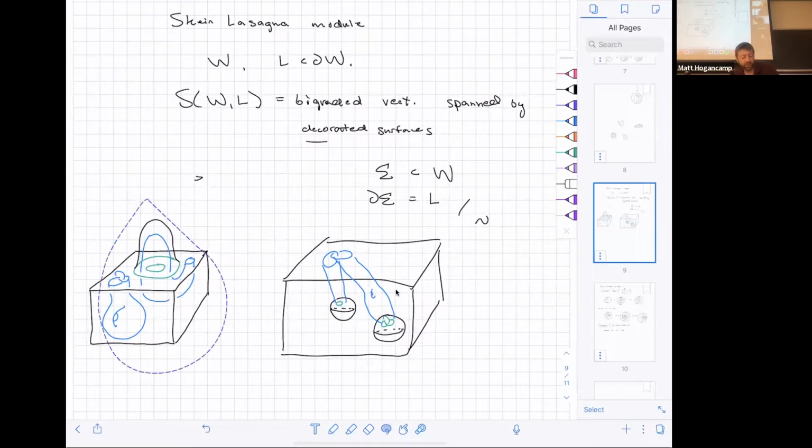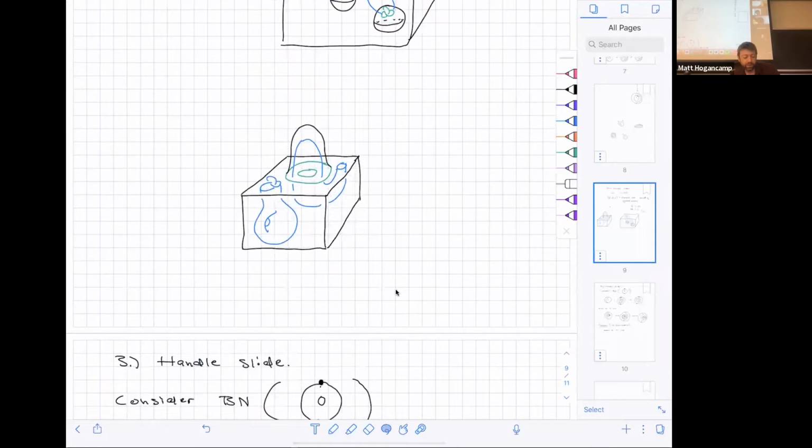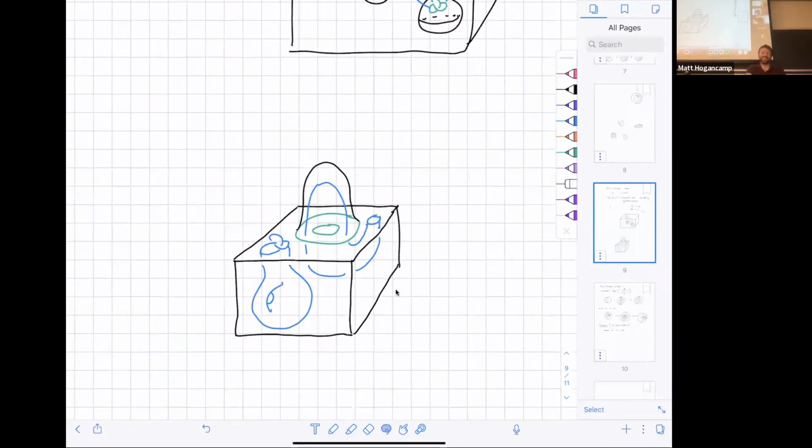And then the question is, how do you understand two-handle attachment? So the basic picture is, I have my four manifold with a two-handle attached. This little green region is supposed to be the attaching region for my two-handle.